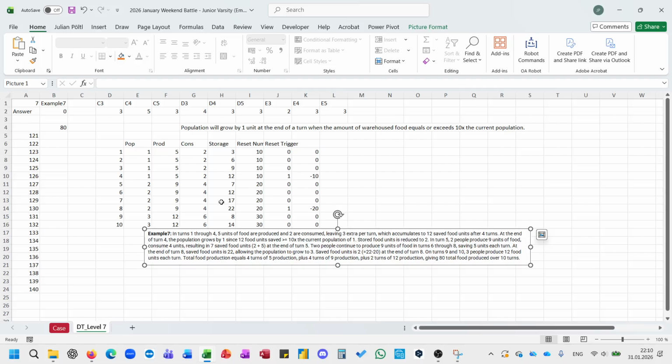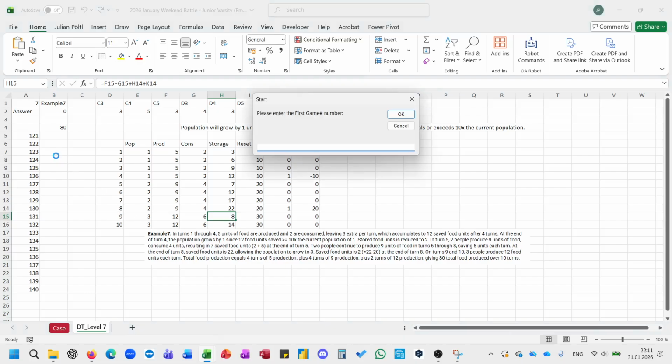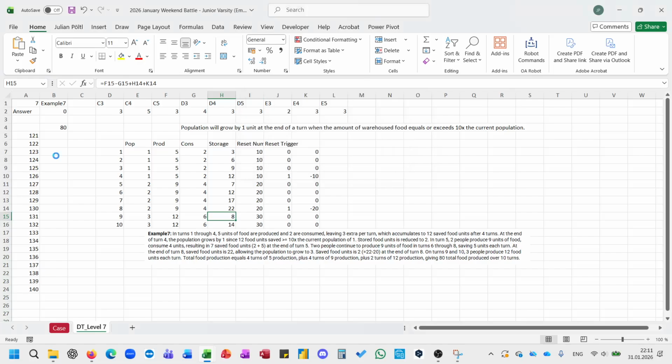Population grows by 1. Stored unit reduced to 2. Here 2 and then here 5 over, that's fine. 2 people continue to produce 9 to 8, saving 5 each turn. Yeah, that's true. End of 8, units 22, allowing population 3. 2 saved, 6 over makes 8. Yeah, makes sense. Data table mimic 140, B1, B4.